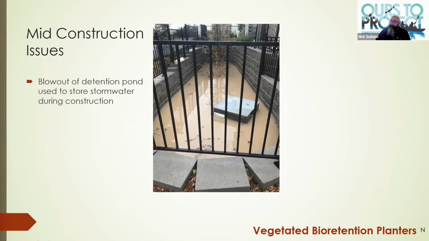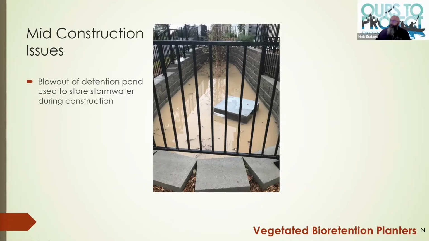This has a high flow bypass, but the interesting thing about this particular picture is that the high flow bypass is too high. So what's happening here is that the water is being pushed back out through the pipe that's discharging here, and it's clogging up the catch basin that's adjacent to it and coming out into the city street.